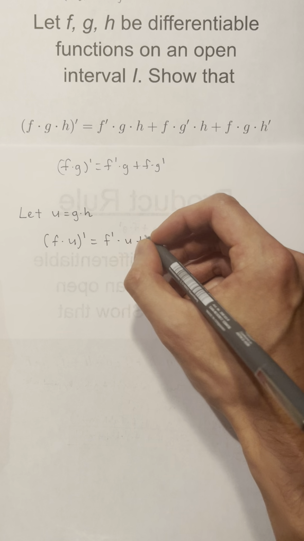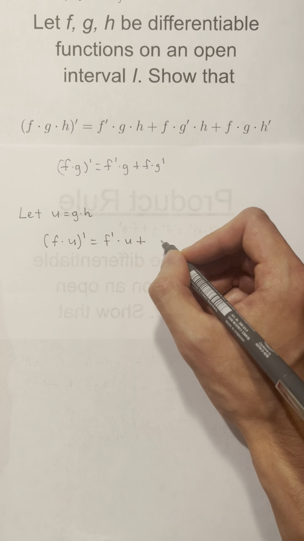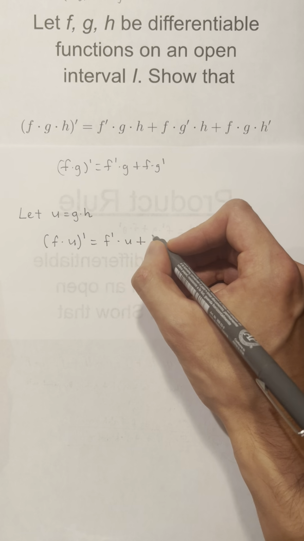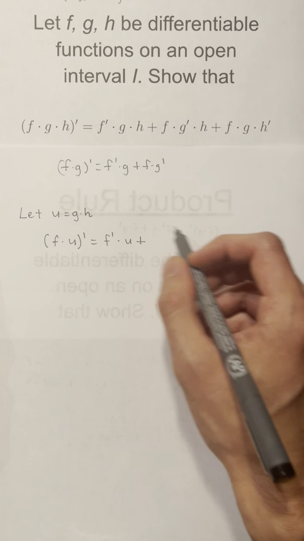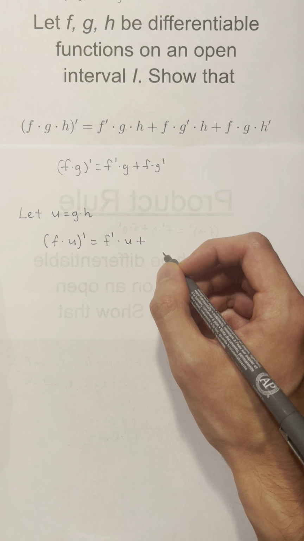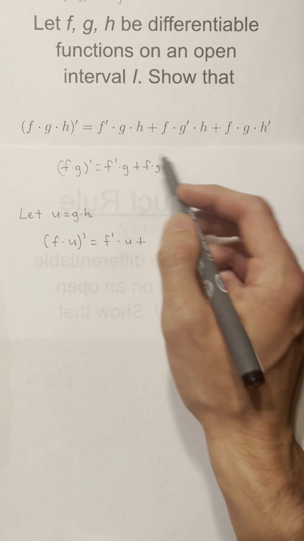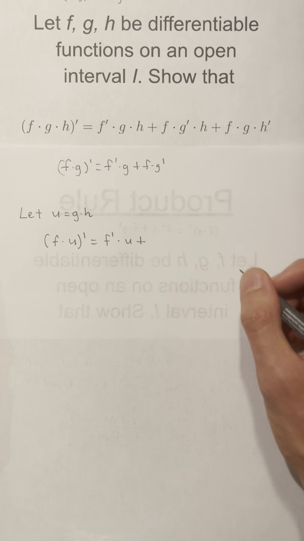Ideally, we want an f and then a u prime, f times u prime here. If we can get f times u prime here, then we've effectively converted this into this, which we know is true.